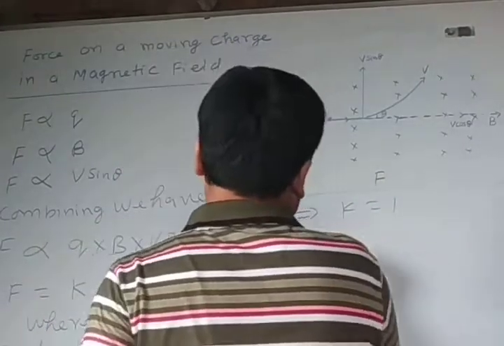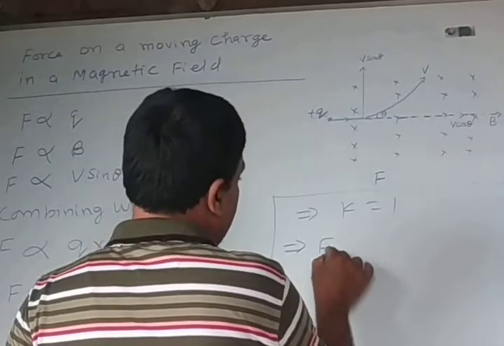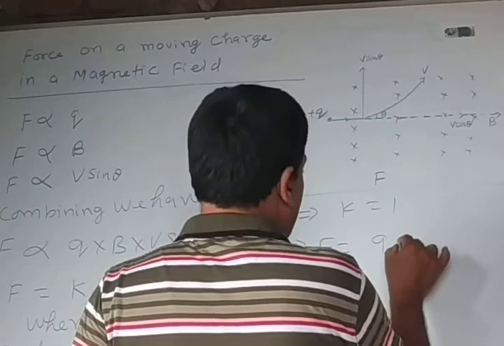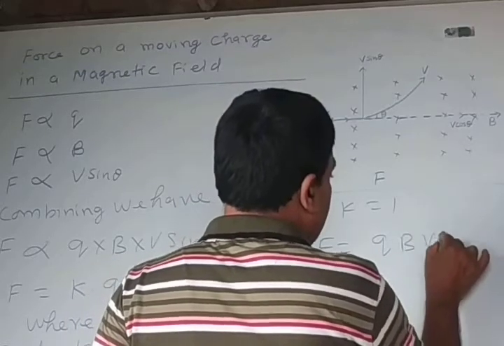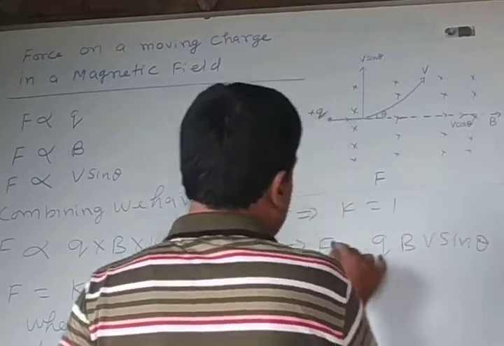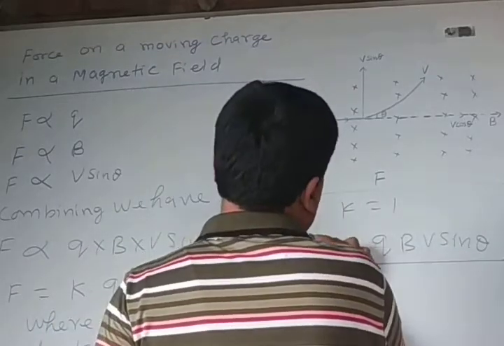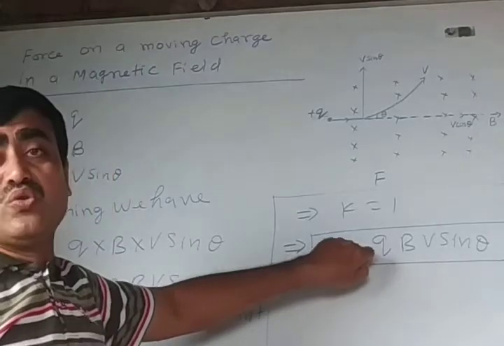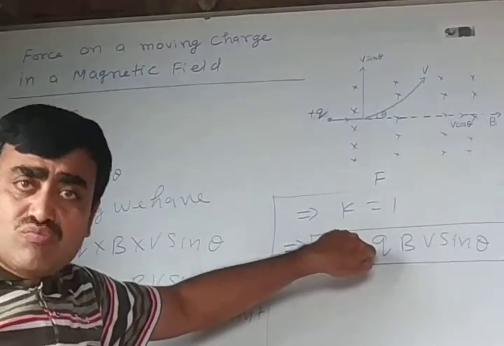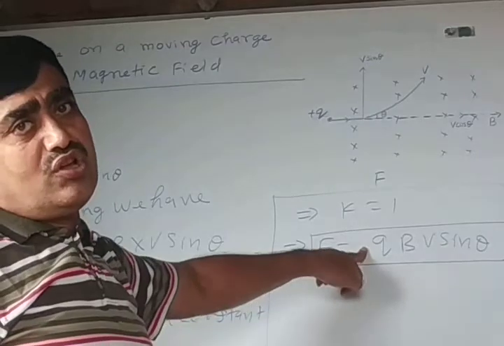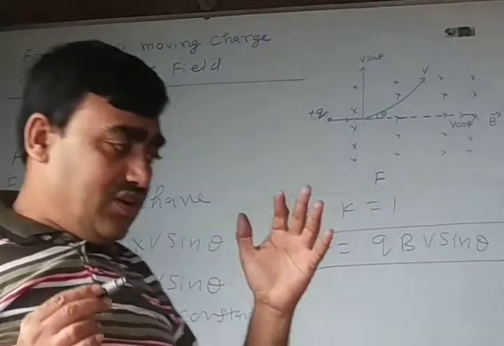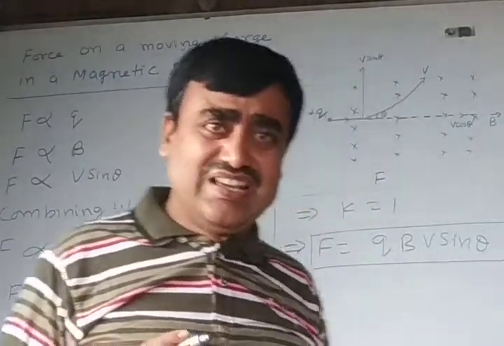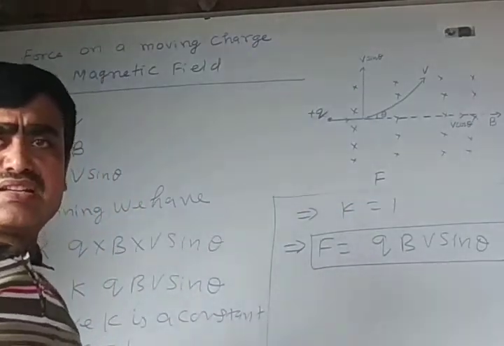Okay, that implies F is equal to Q B V sin theta. This is the expression of the force, also a formula of force in the case of a magnetic field.